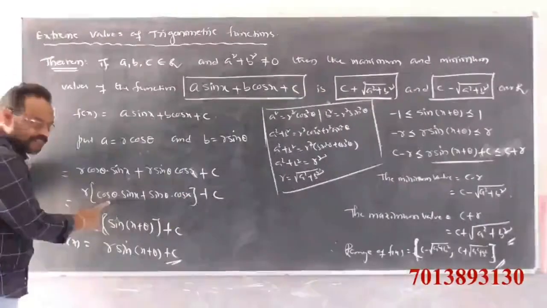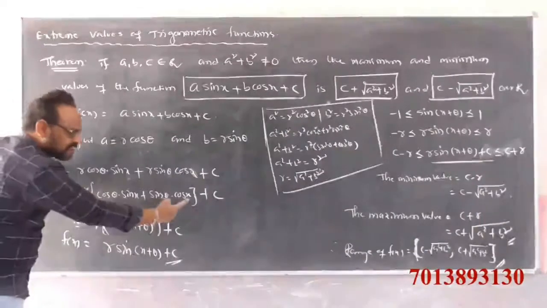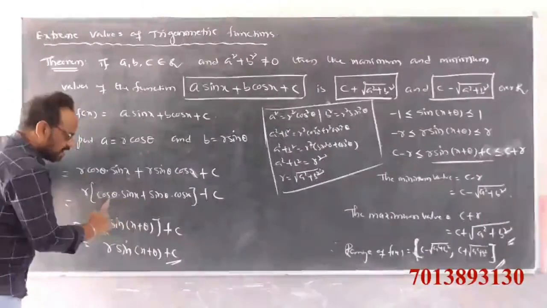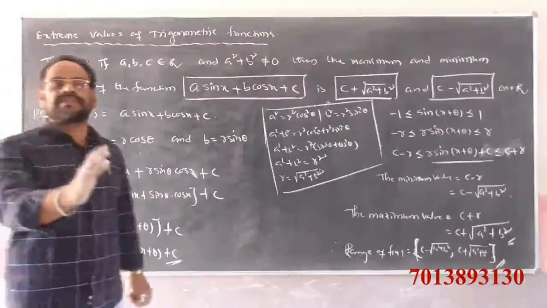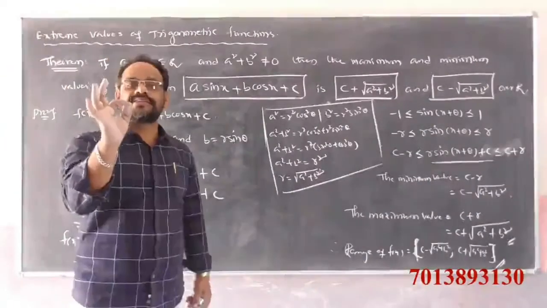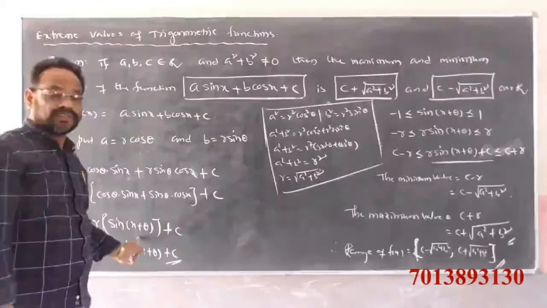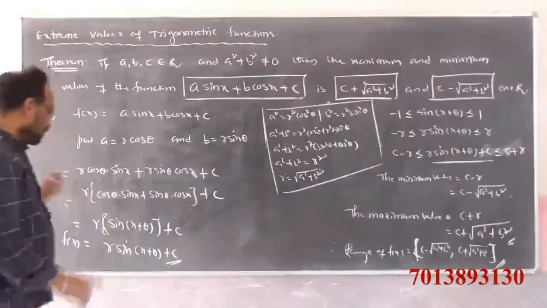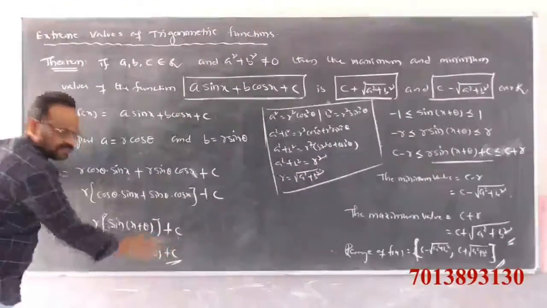It is in the form of sin a cos b plus cos a sin b, which is nothing but sin of a plus b. Sin a plus b means sin of x plus theta. So we get r times sin of x plus theta, plus c.